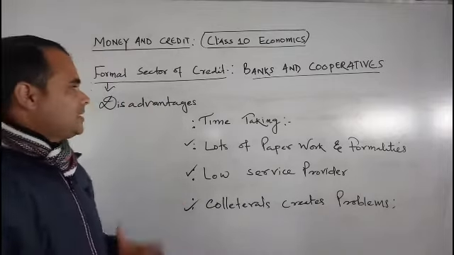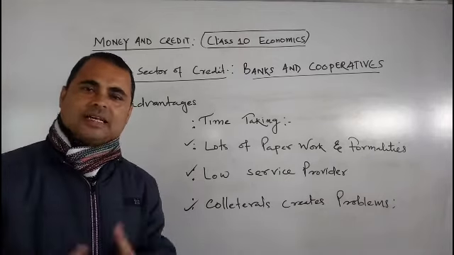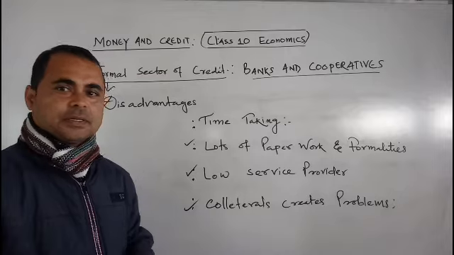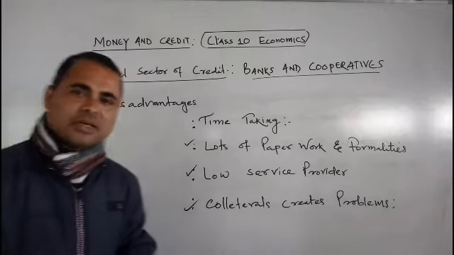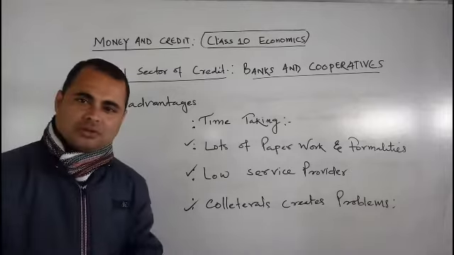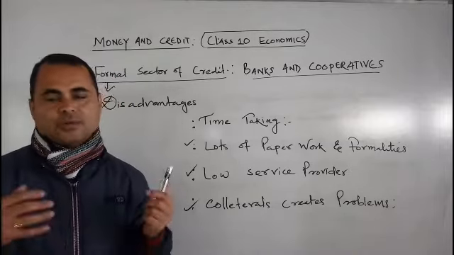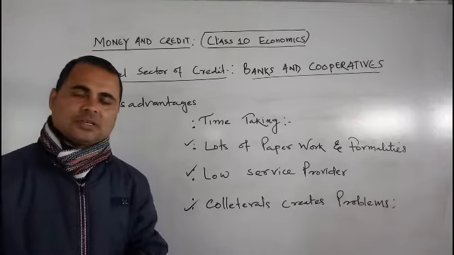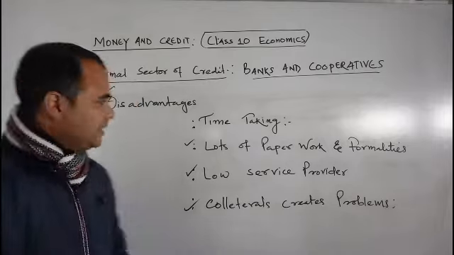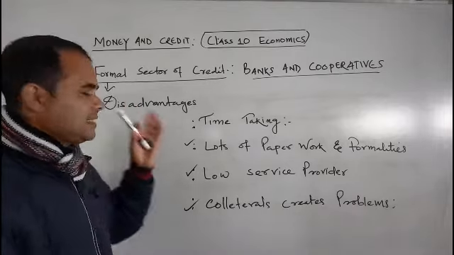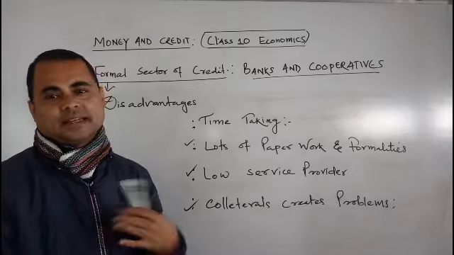So in this way, after having lots of advantages in formal sectors, there are also many disadvantages, because of which a large portion of the people living in our country today also look to the informal sectors for credit.